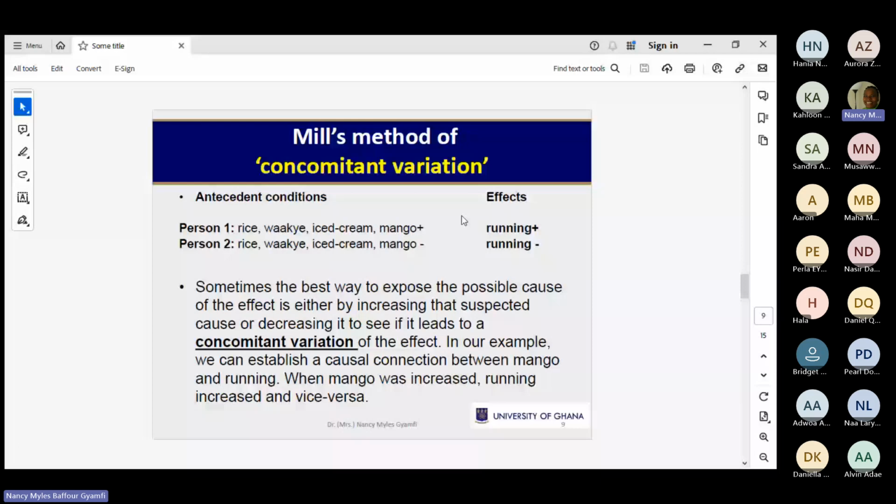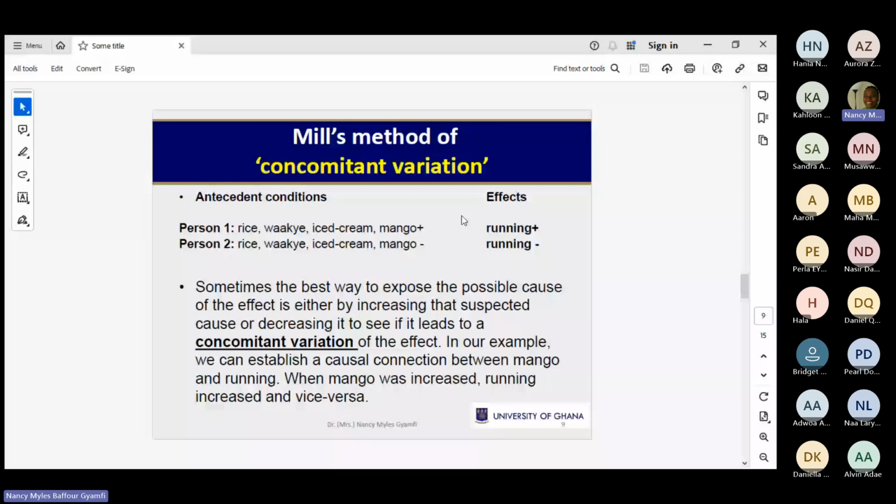Big versions of it. The whole family says, "Woo, that is it." She doesn't like it. Her system reacts to that. It's concomitant variation. It just varied the suspected cause to see if it will yield a suspected change in the effect. So a variation, a varying that is concomitant, an accompanying variation.